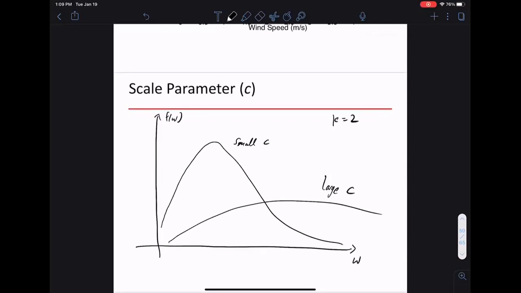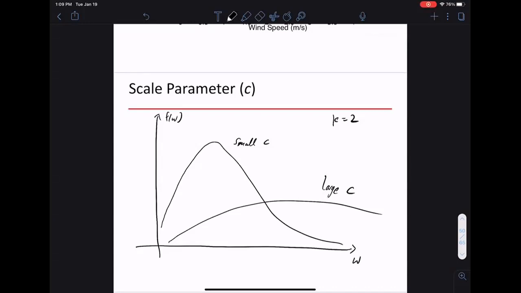So these are what the different parameters do. The idea is to have two parameters that give me the flexibility of controlling both how wide the spread is and what the shape is.